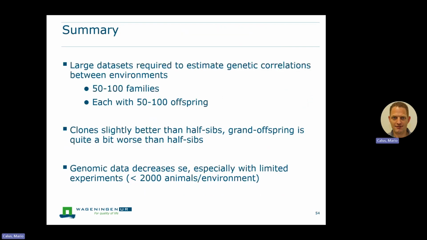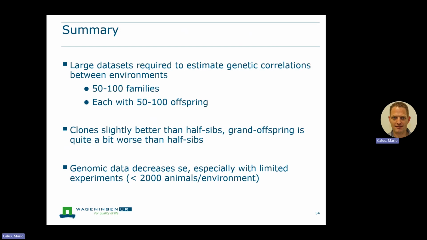So just to summarize, if you want to estimate genetic correlations between environments, you typically need large data sets, at least to be able to accurately estimate those genetic correlations. Something like at least 50 to 100 families, each with 50 to 100 offspring.